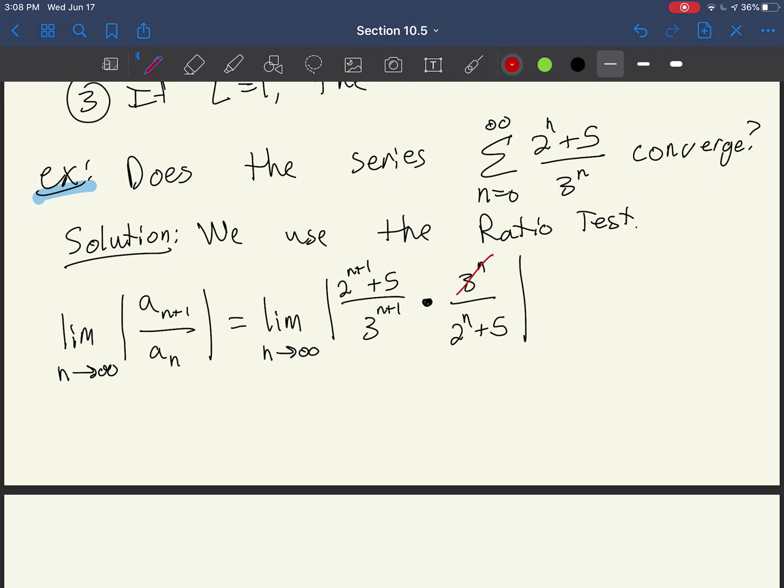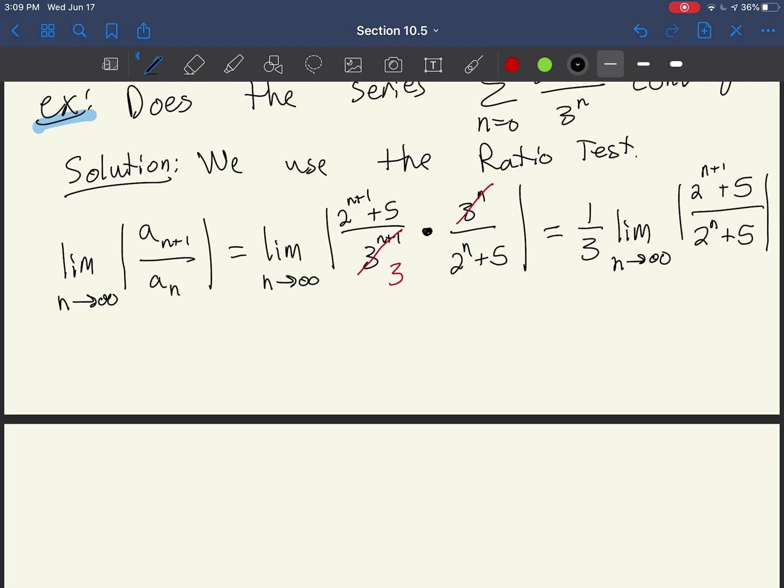So now we start reducing. The 3 to the n is going to cancel with part of the 3 to the n plus 1, and we'll just be left with a 3. So that would be 1/3 times the limit as n goes to infinity of the absolute value of 2 to the n plus 1 plus 5 divided by 2 to the n plus 5.